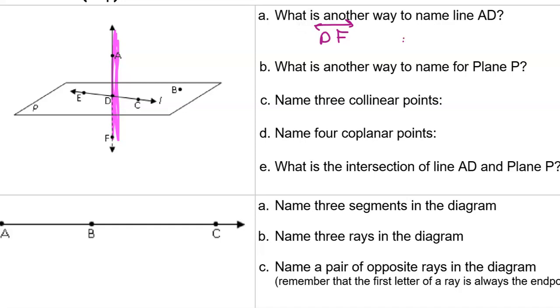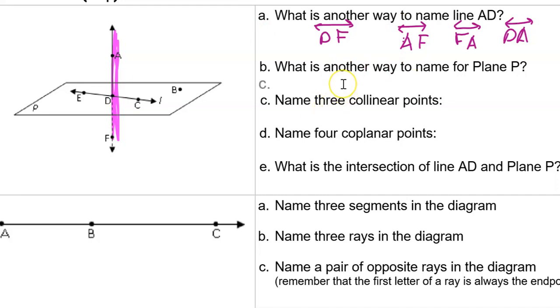I could also use line AF. And then remember that you can switch things around. So I could do FA, AD, or DA, or FD. They do ask for one way, but that's a lot of ways that you could name that line.